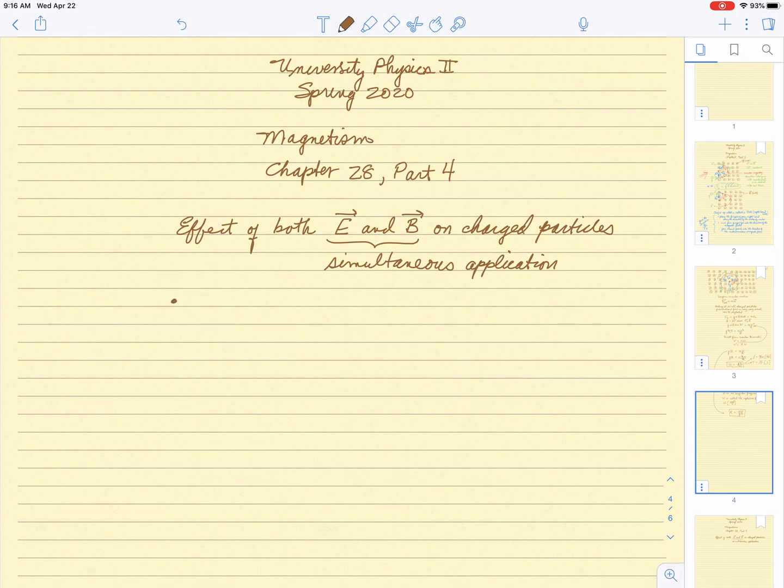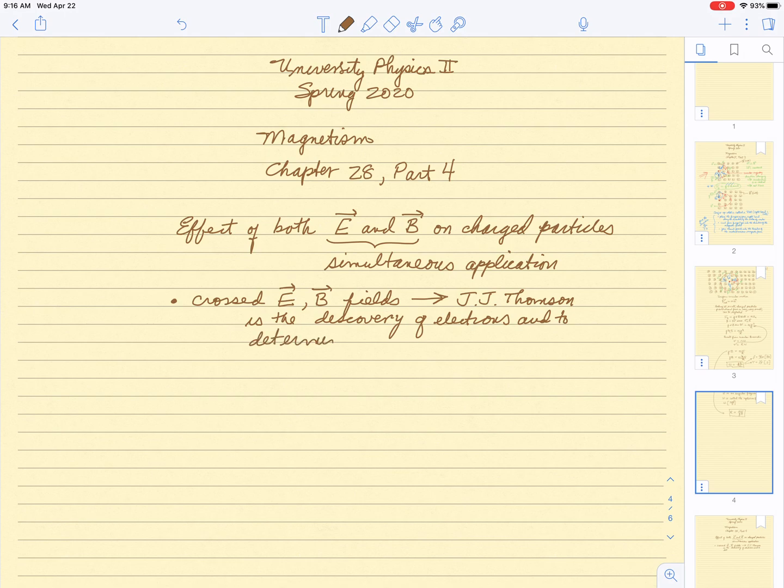So sort of crossed electric and magnetic fields were used by J.J. Thomson in the discovery of electrons, and to determine their charge to mass ratio.